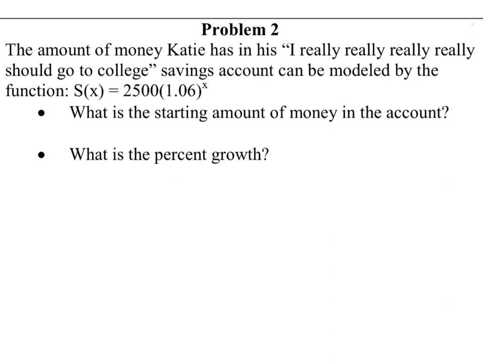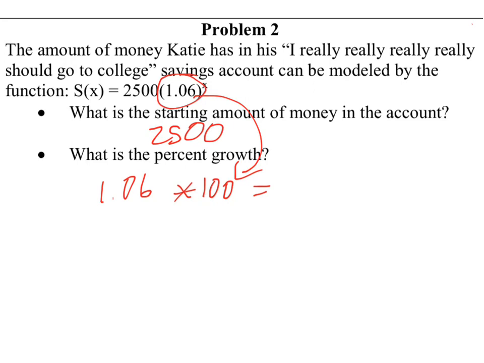Okay, number 2, the amount of money that Kate has in her college account. The starting amount of money is the number not with the exponent there. It's going to be 2,500. And this one's asking about percent growth. If you ever wonder percent growth, percent decay, take that number and convert it to a percent. If you ever want to do that, you just take whatever the number is times by 100, and it'll turn it into a percent for you.